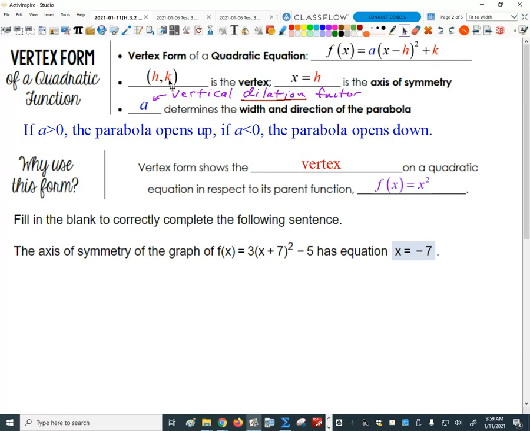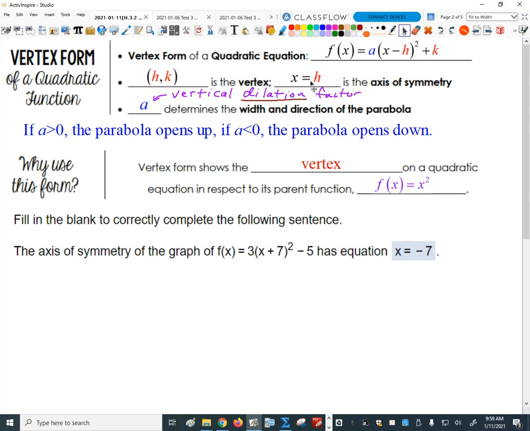H and k, of course, give us the coordinates of the vertex, like we talked about. Remember, a parabola has reflective symmetry, right? It's got folding symmetry or reflective symmetry. So we talked about the fact that we've got this vertical axis that goes right through the vertex. And so the equation of that vertical axis is always just going to be x equals h, and that's going to split the parabola evenly right down the middle.